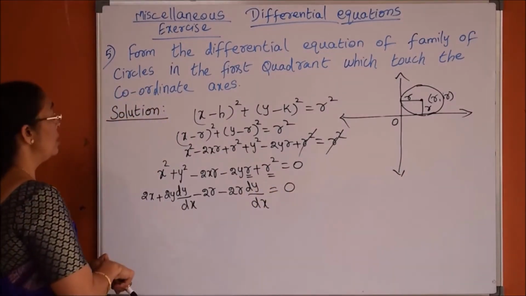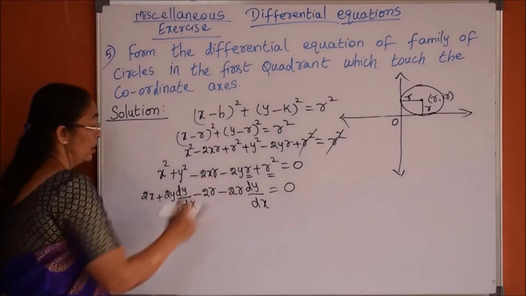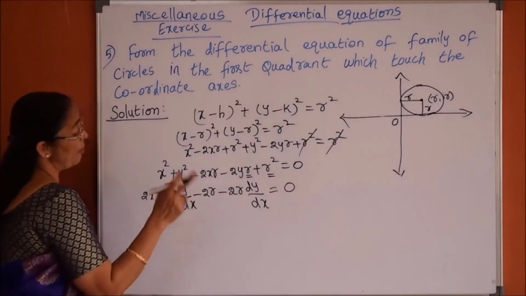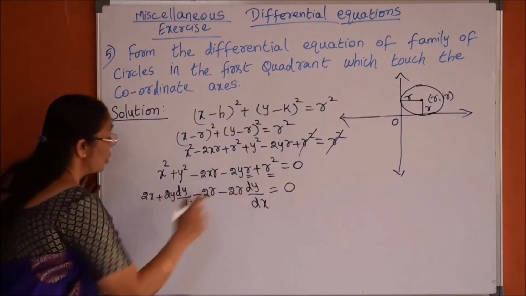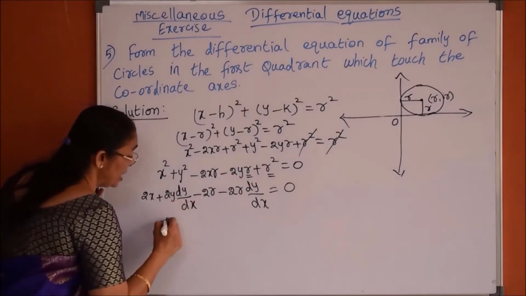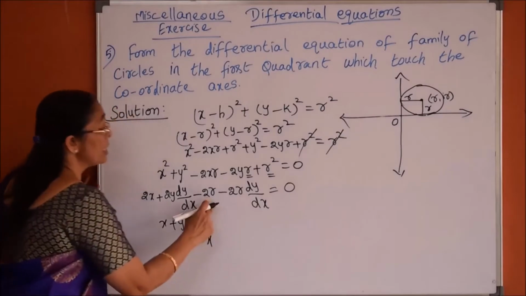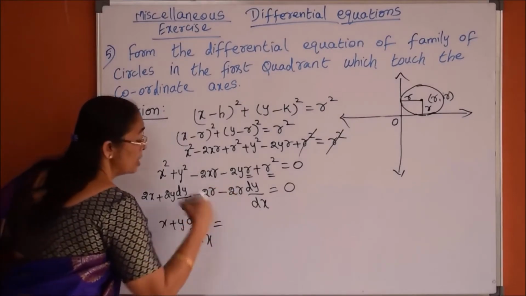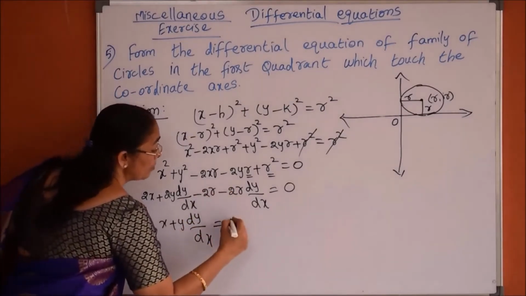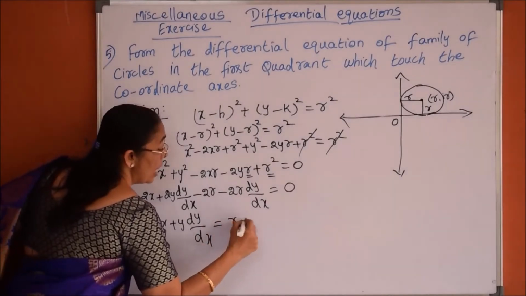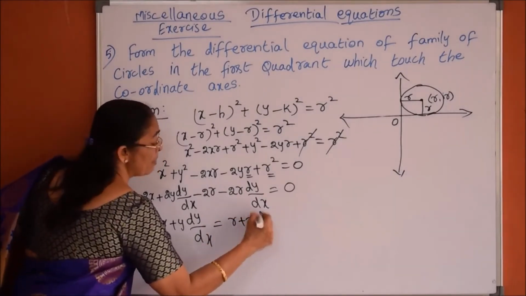So overall 2 can be cancelled. Now we need to find the value of r. Dividing throughout by 2 we get x plus y dy by dx equals r plus r dy by dx.